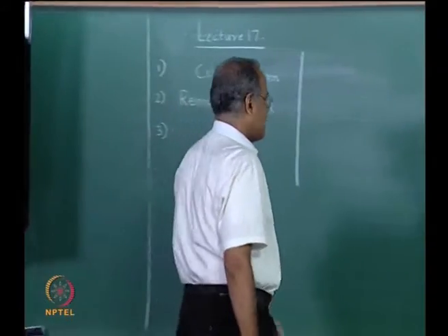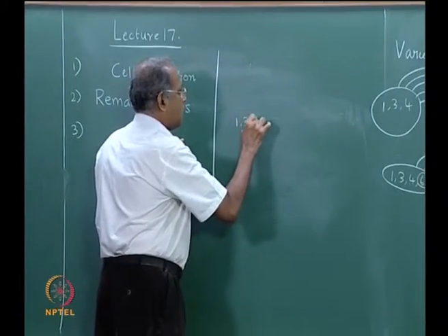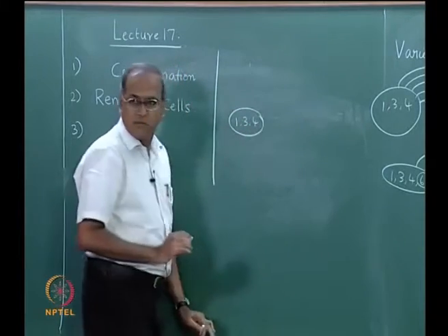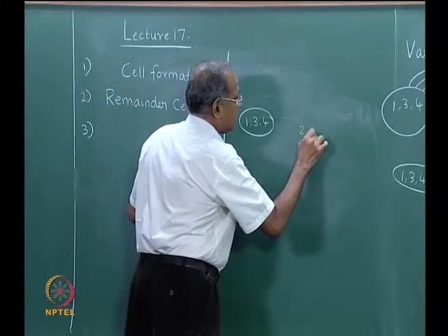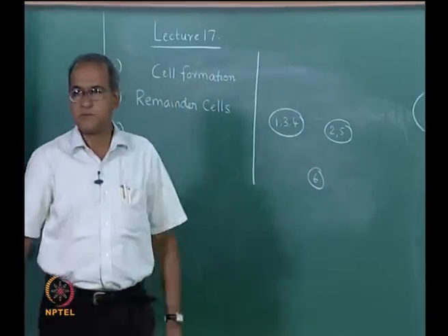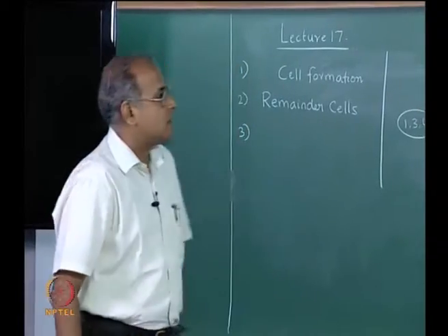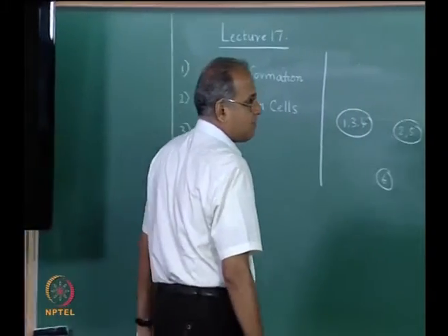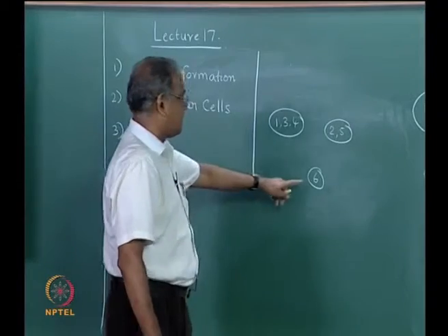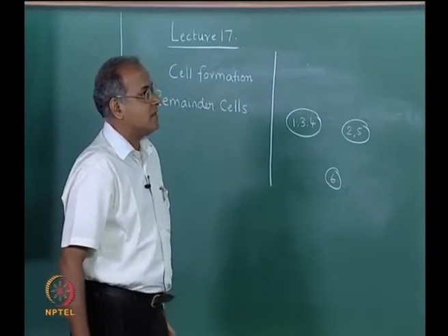Now suppose I say that I have 1, 3 and 4 here, 2 and 5 here and 6 here. Then I am going to have machine number 6 as a single shared machine.